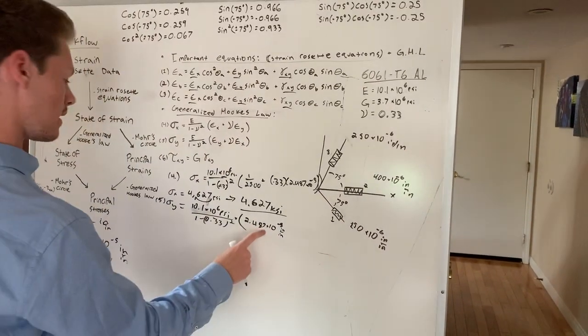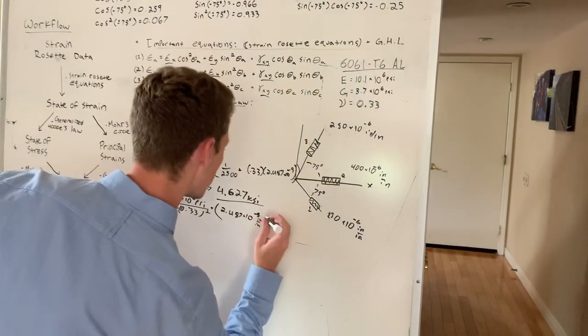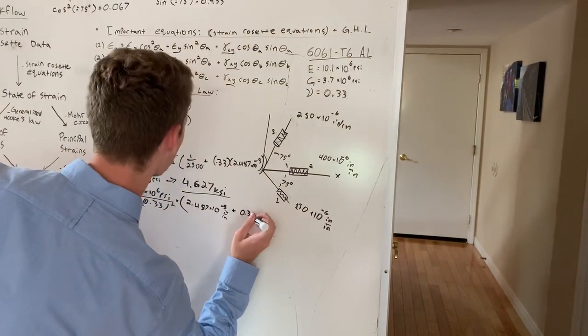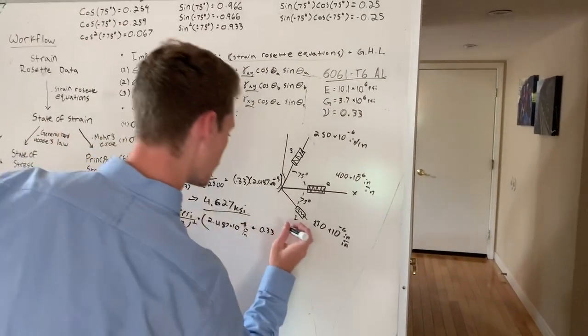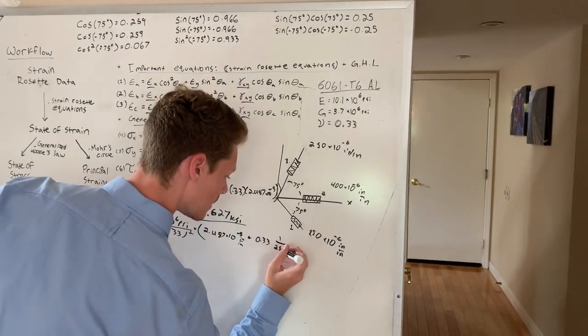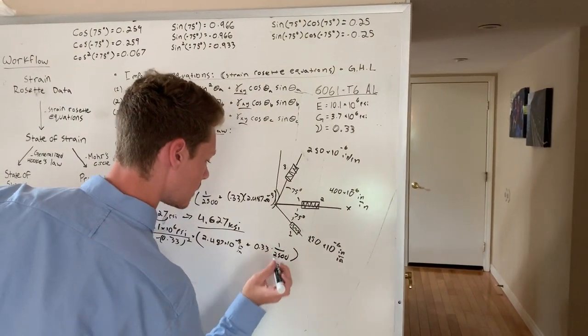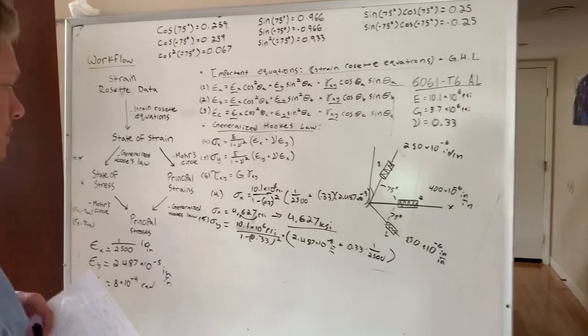And then look back up here, Poisson's ratio, which is 0.33 times epsilon x, which is 1/2500. All right. These are all numbers.